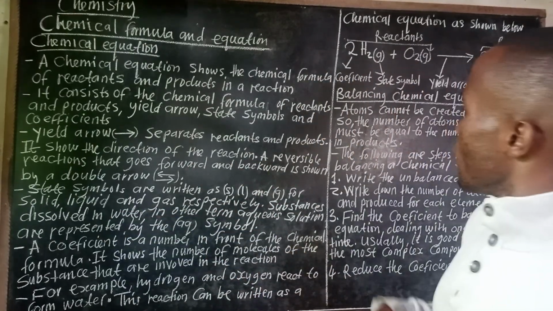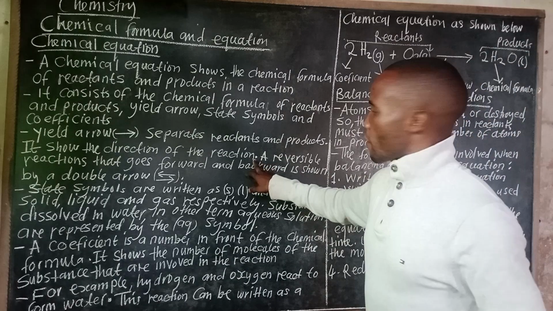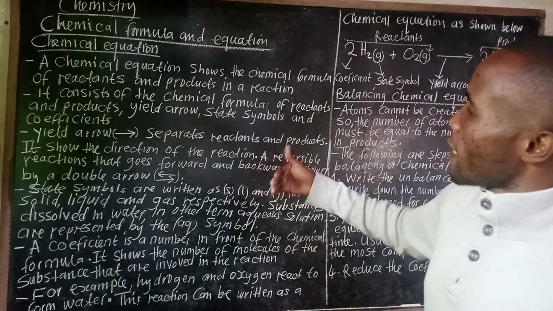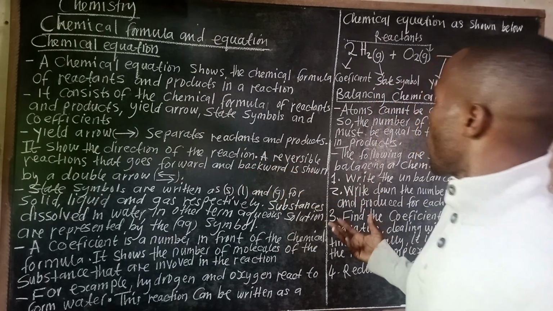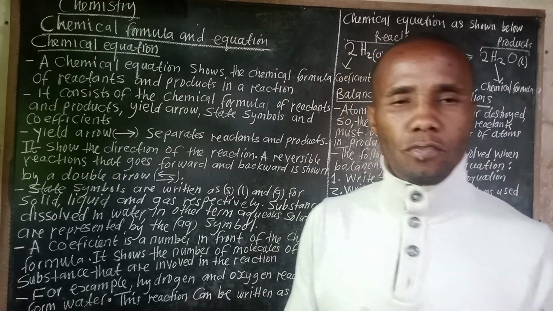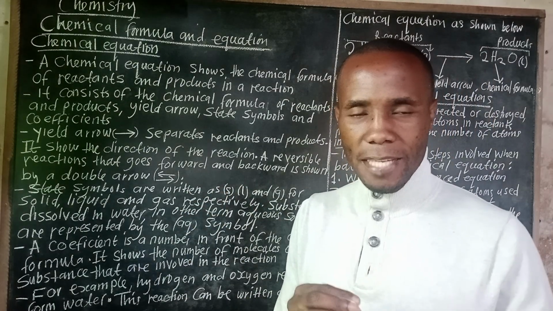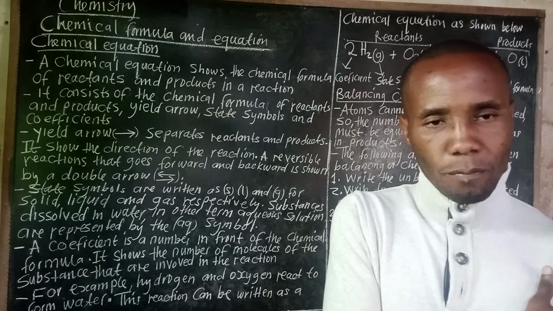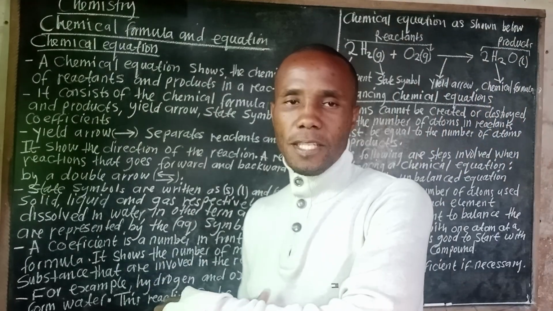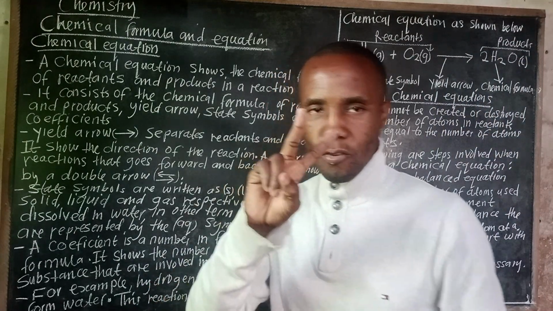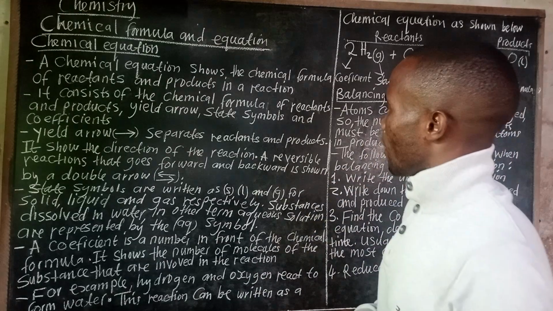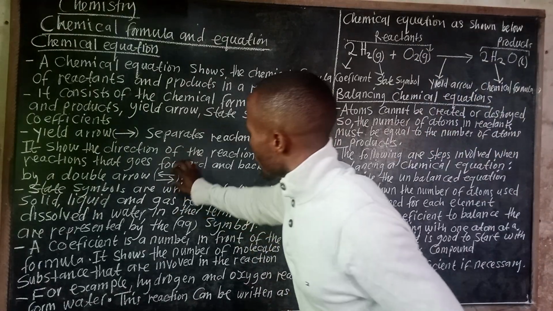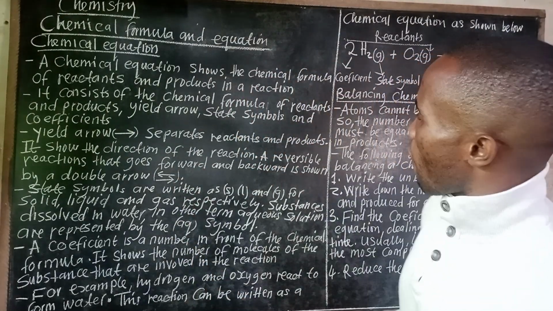A reversible reaction that goes forward and backward is shown by a double arrow. So when you have a double arrow, just know that this reaction has gone forward to the product and it has reversed, it has gone back. So we are going to have two arrows. I like the way they have indicated it in symbol form.